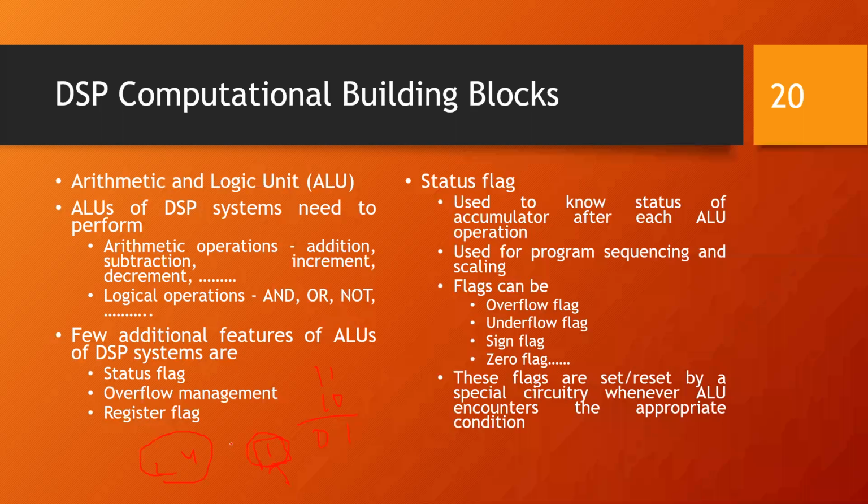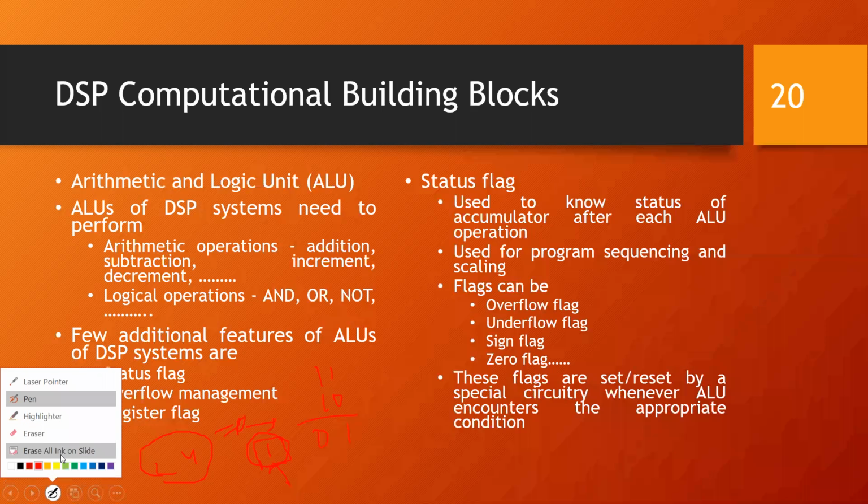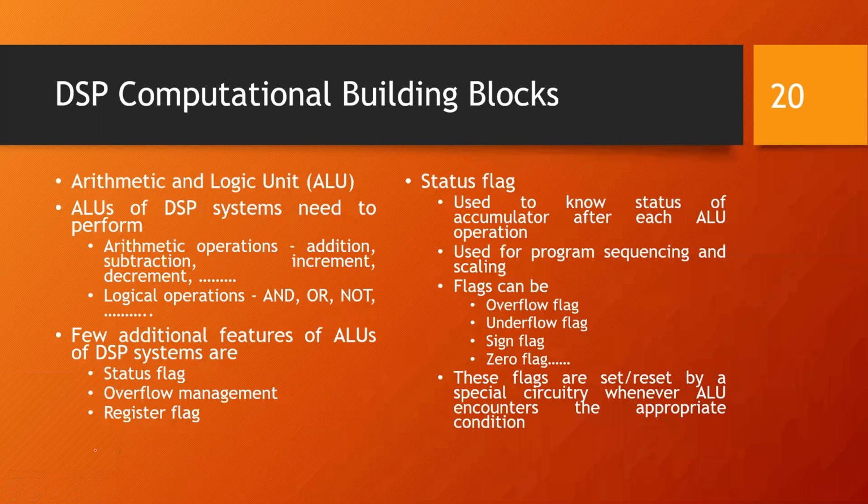If the carry flag is set, it indicates that a carry is generated. If the carry flag is not set, that is, it is zero, it indicates that no carry was generated by the result you are performing. This is just an example. These are the status flags the ALU will consist of. Then apart from that, we should have the overflow management and register flag.